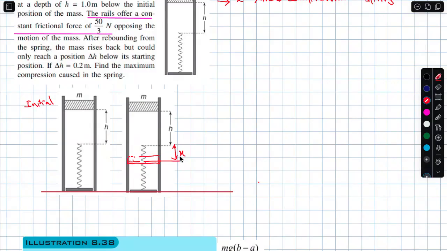Remember, in the process, this is the maximum compressed state.